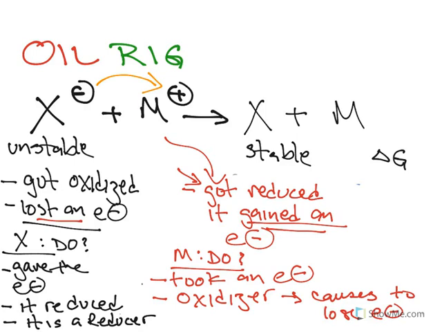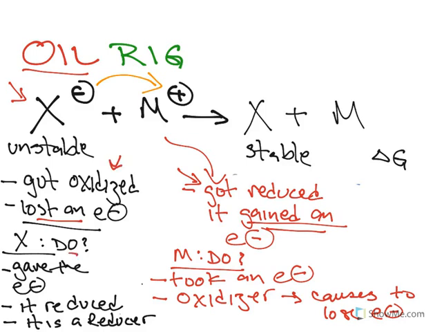When we're talking about oxidation reduction, there are two things happening: one, what's happening to each molecule, and two, what did each molecule do? In the case of oxidation, X is going to give up that electron to M because it doesn't want that electron, so it's getting oxidized.